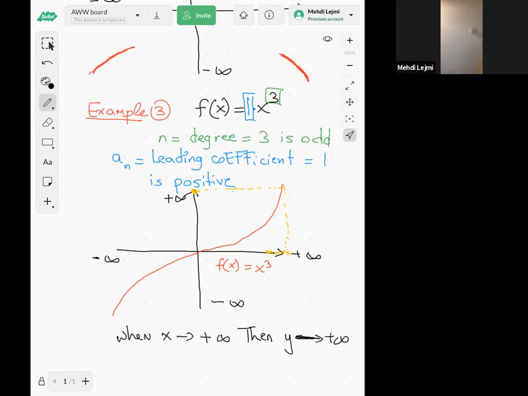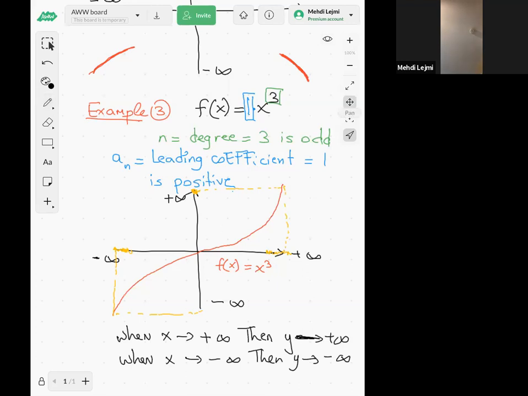Now, what happens when x goes to negative infinity? Then the corresponding output is going to go, of course, to negative infinity. So when x goes to negative infinity, then y goes to negative infinity, right? And again, this is actually a general fact. Whenever you have a polynomial with odd degree and positive leading coefficient, then that's what happens at infinity.